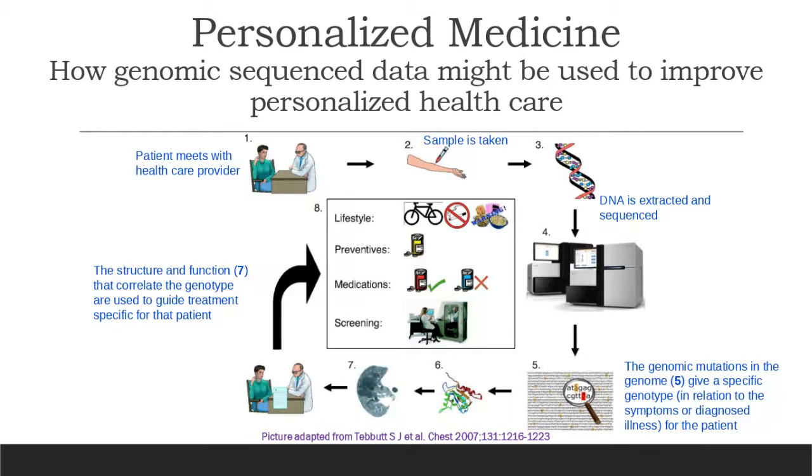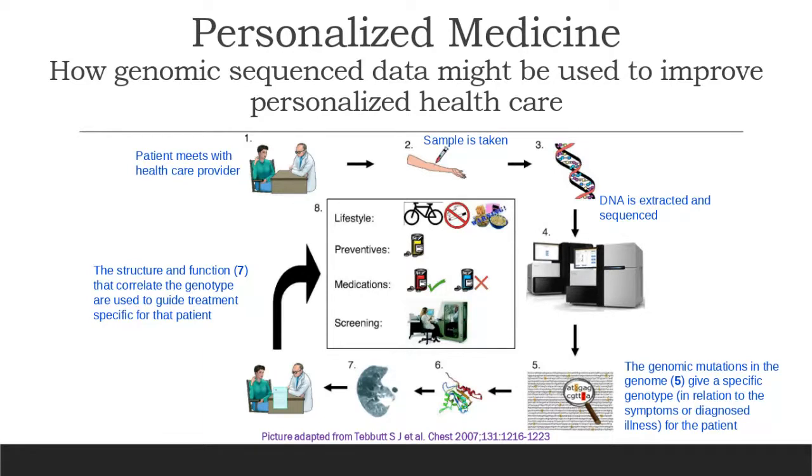And this is a slide that I obtained from him, which just walks you through how genomic sequenced data might be used to improve personalized healthcare, starting all the way when a patient meets with the healthcare provider. A sample, a blood sample, is taken, then DNA is extracted and it is sequenced.